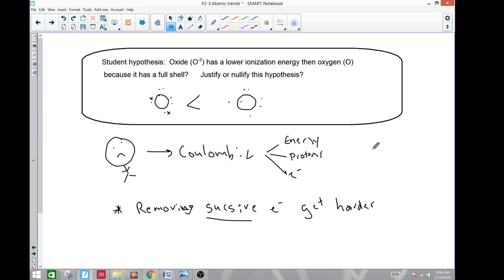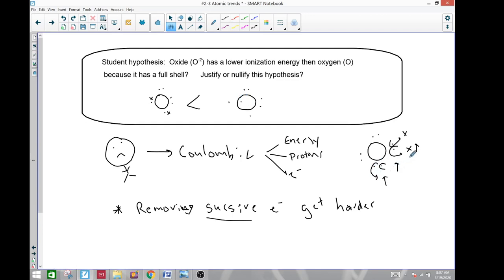So if I had oxide, removing one electron takes X energy. The next electron will take more than X. This electron even more, and that is the one we're referring to on this guy. And anytime I remove the next electron again, it gets even harder. It always gets more difficult to remove successive electrons.